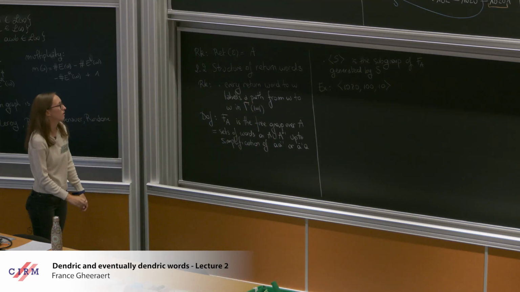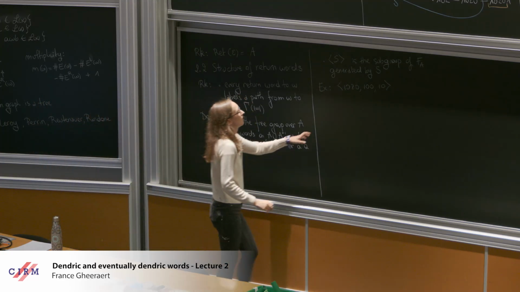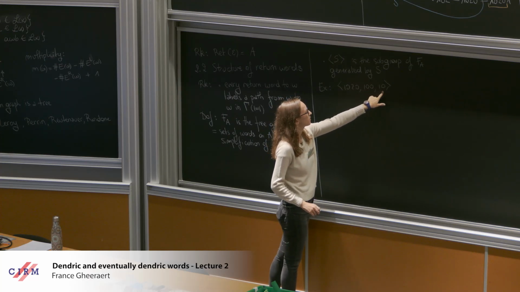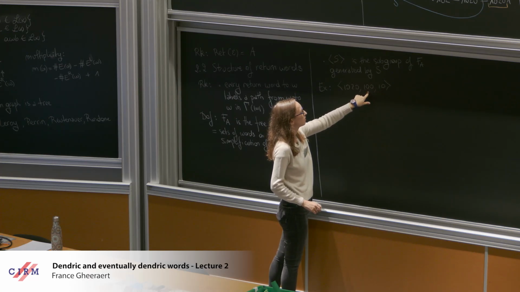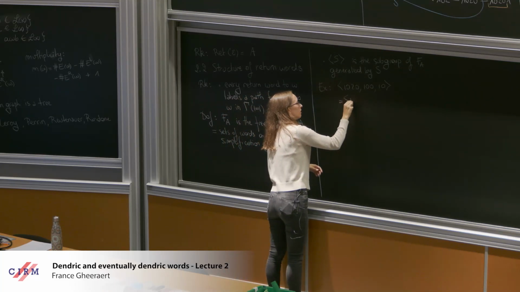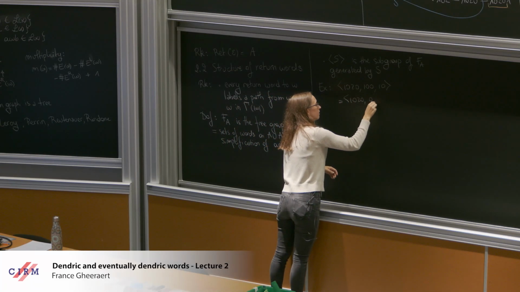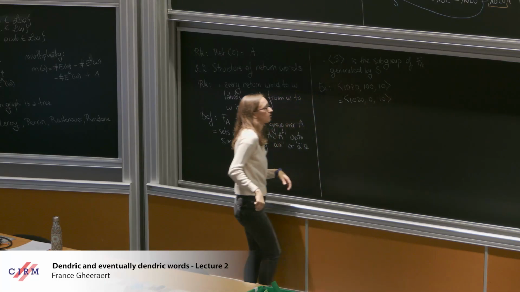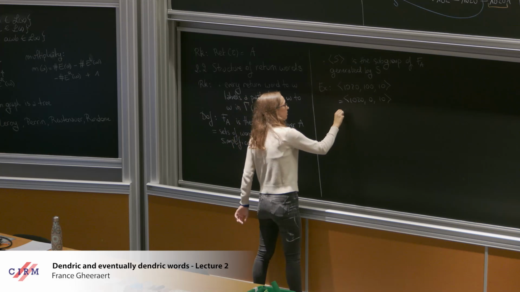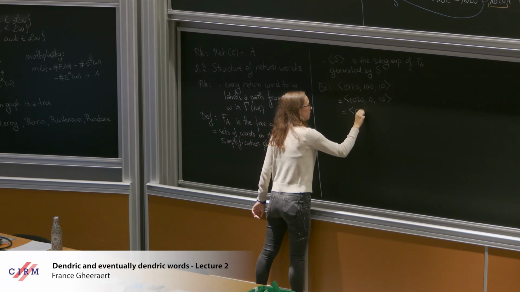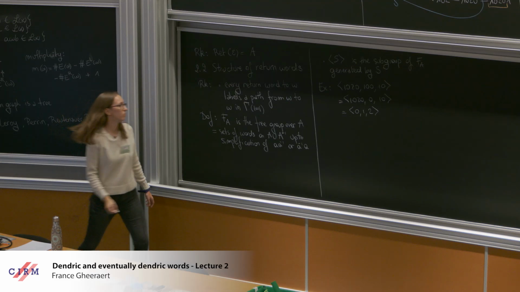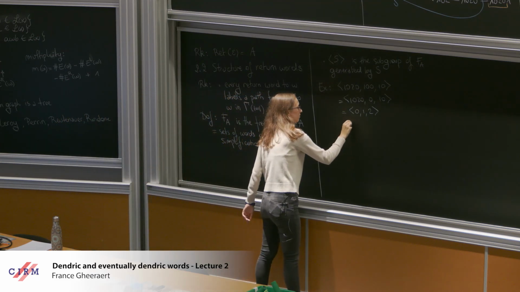If I look at the group generated by this, I can see that if I take the inverse of that one and then concatenate with that one, I have simplifications. And so this is the same as the group generated by this. And then it's not too difficult to see that actually this is the whole free group over the alphabet 0, 1, 2.